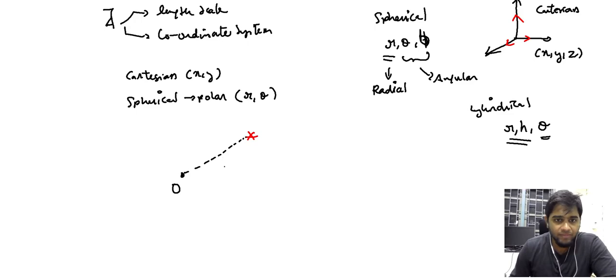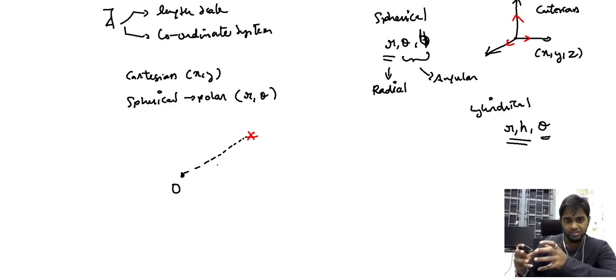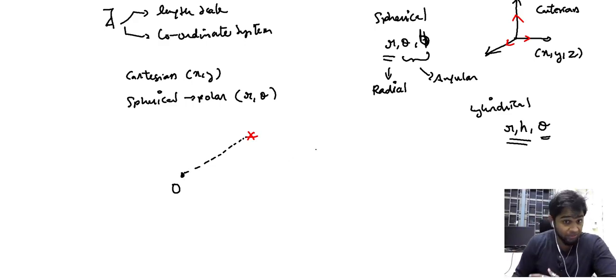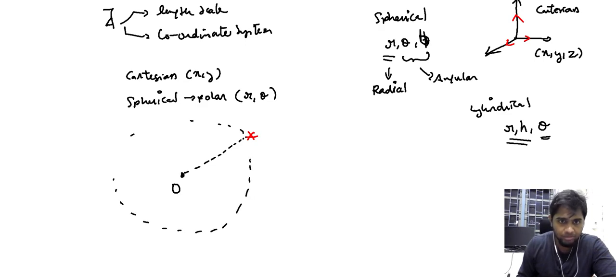When we have this parameter r alone, the distance between the origin and our desired point, the point can be anywhere within the circumference of a circle with the origin as the center.